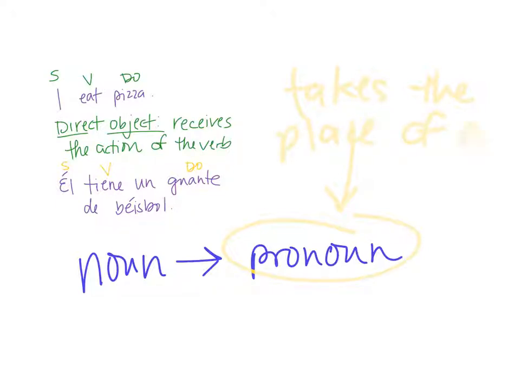So in English, it would be me, he, she, you, they, it, etc. So instead of saying I eat pizza, how would you change it to a pronoun? You would say it, right? And now we're going to look at how to do that in Spanish, okay?